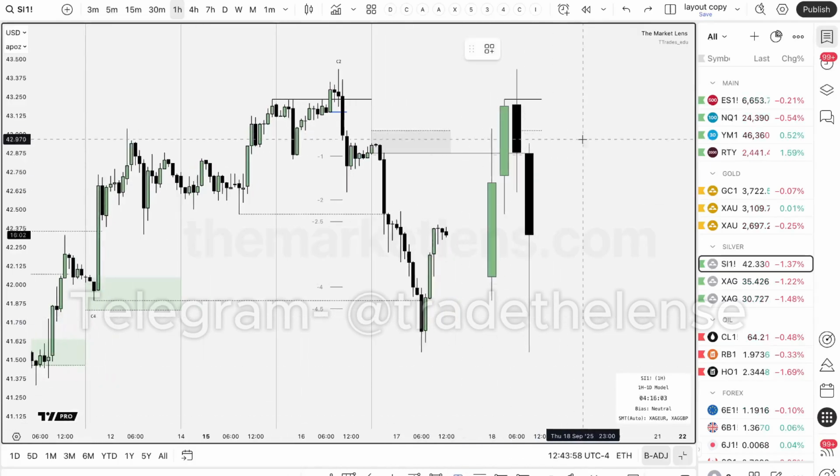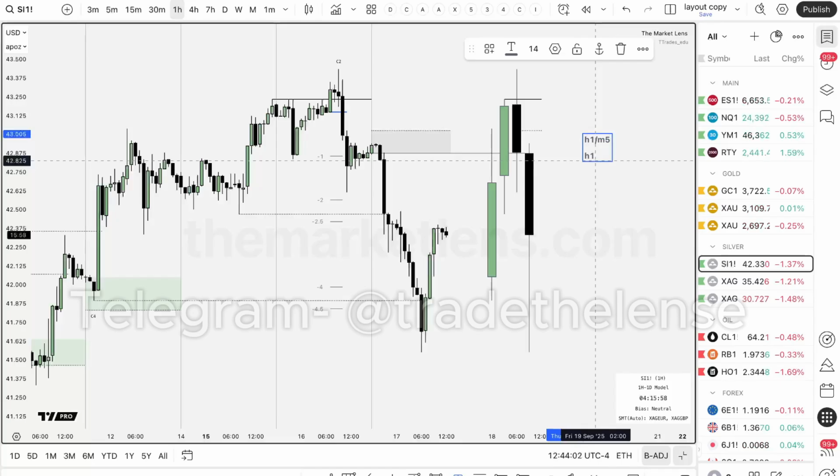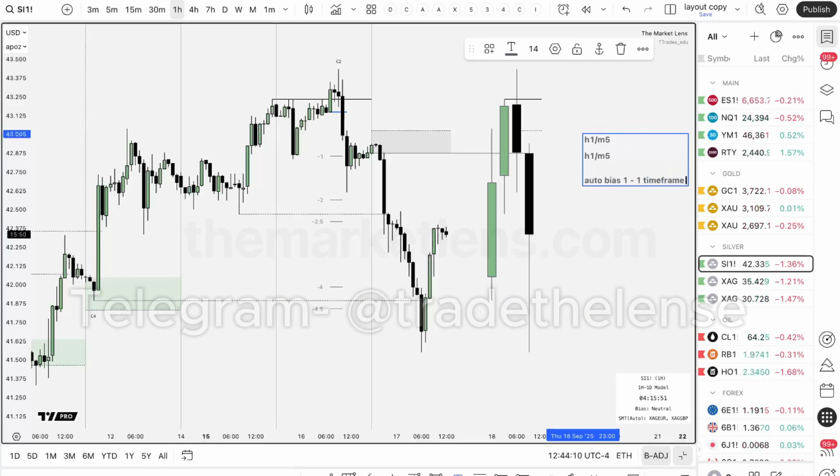Let me explain it this way. We're just always going to use H1 and 5 for these. Auto bias 1 is not always the same, but it's just 1 time frame up. Auto bias 2 is 2 time frames up.